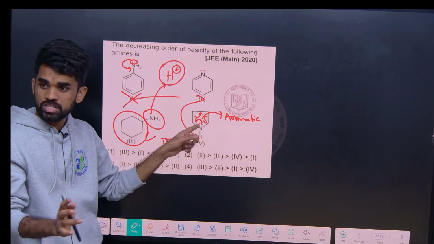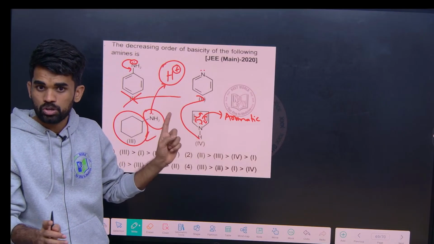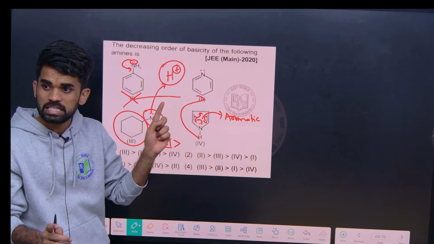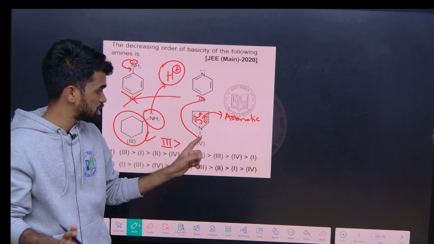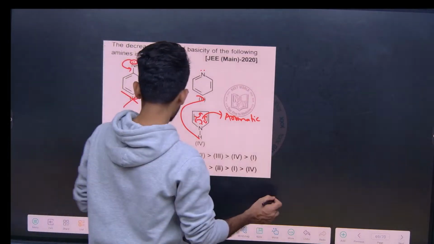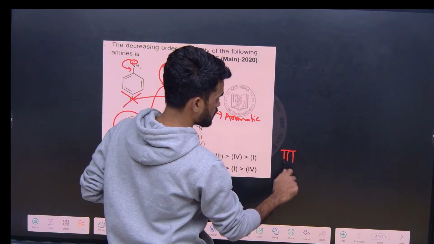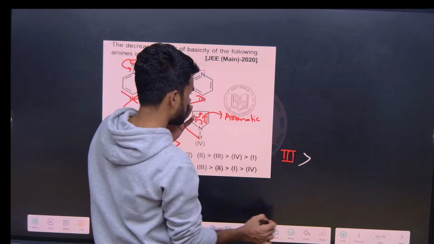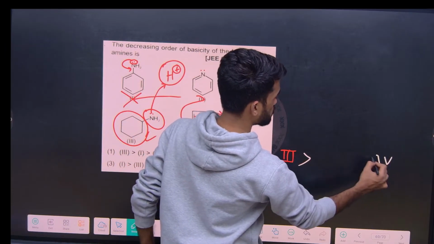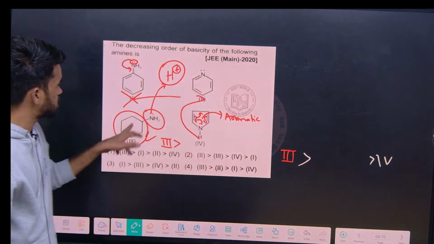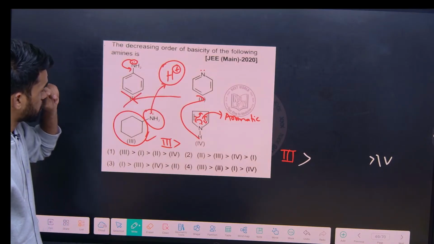More conjugation means less available to accept a proton. If they are less available, it is least basic. So which is least basic? The fourth one. So the third one is highly basic, out of these 4 options, and the fourth one is least basic. Now try to insert options 1 and 2 here.